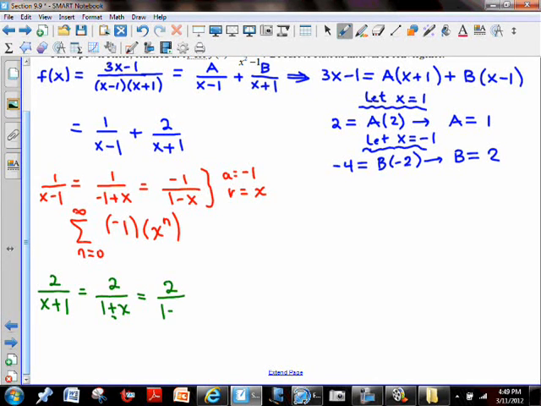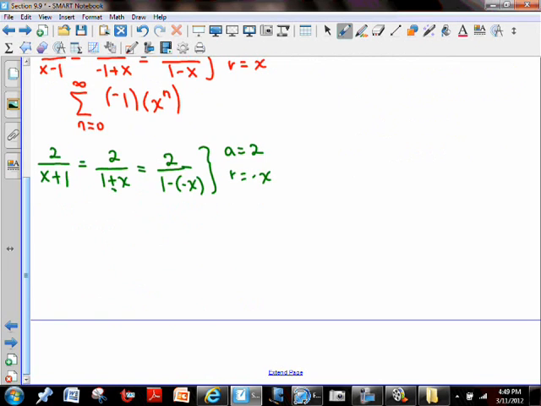Perhaps you've seen us do this before in another video or two, but we're just changing that to 1 minus negative x. So from here, no problems identifying the fact that a is 2, r is going to be negative x, and that would cause the summation expression here to look something like this.